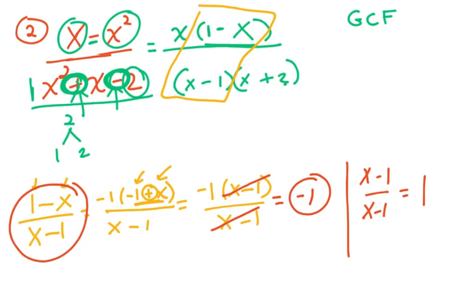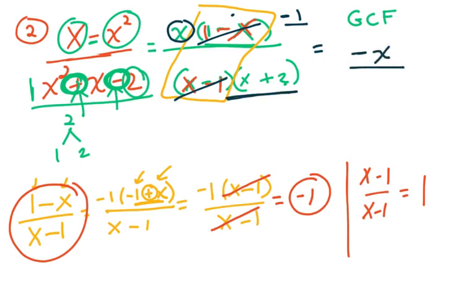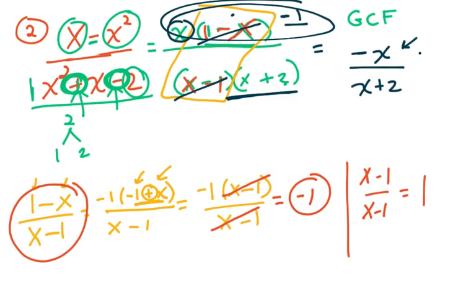But because they're reversed in order, and that's specifically what you have in this question, when I simplify it, I'm going to be left with a -1, not just 1. So now this is going to become x times -1, so that's a negative x, all over just the x plus 2, which is left. Remember, this is multiplication of those two, so that's why it's a -x up in the numerator.